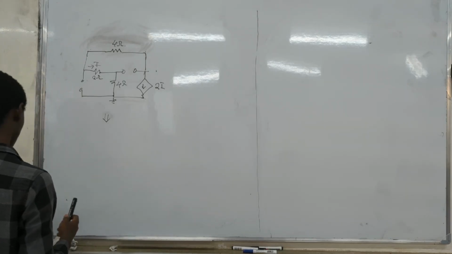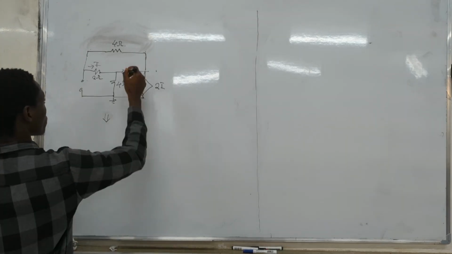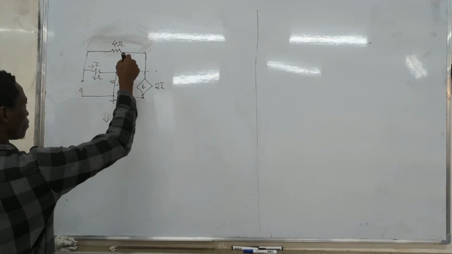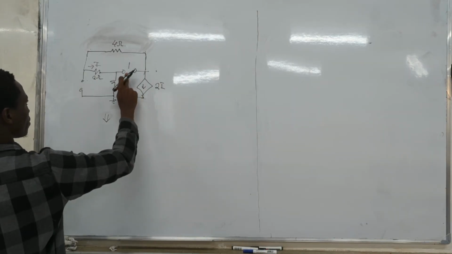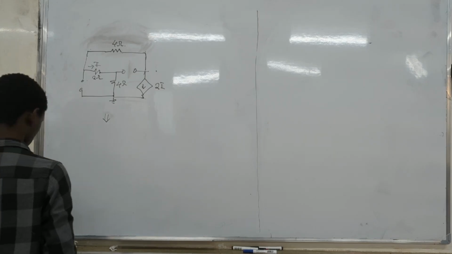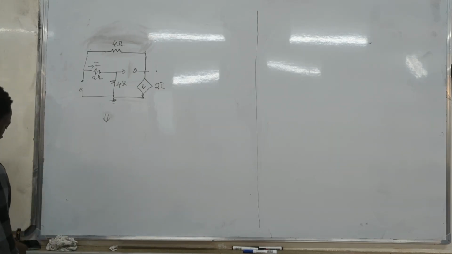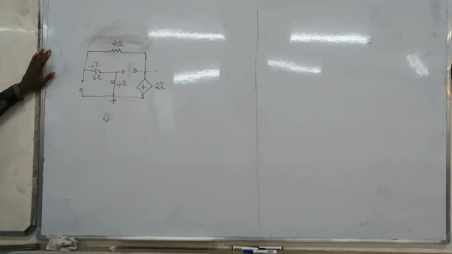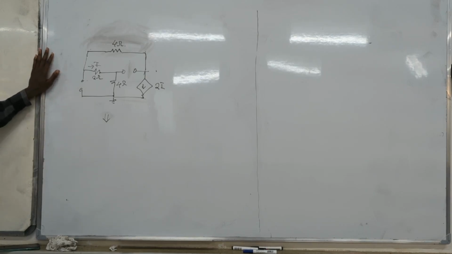So now we can look through the terminals. Let's say anyway, the direction doesn't matter. So this circuit has a dependent source. So it's not like the other one we had.